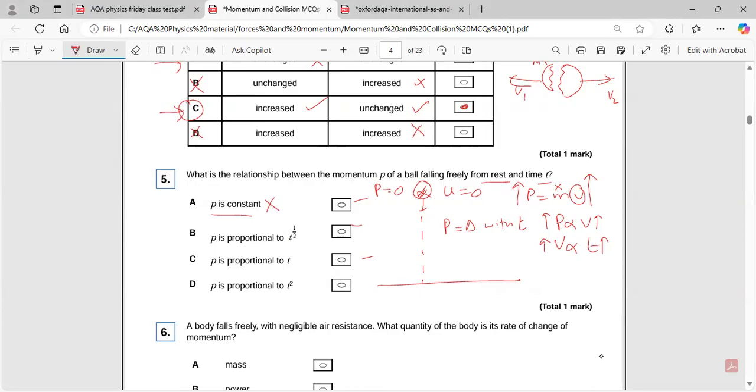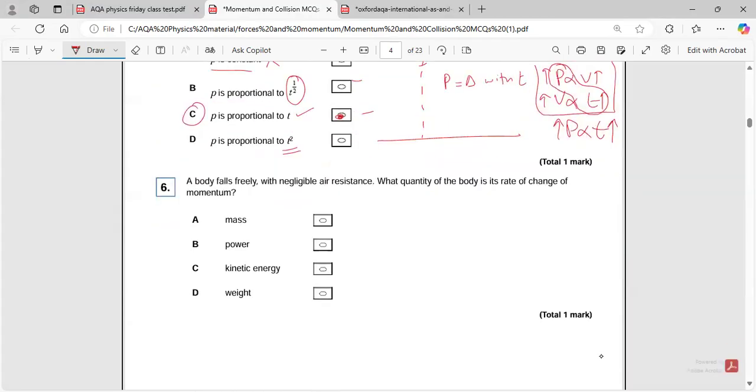We cannot say that momentum is proportional to t to the power 1/2, because there is no such relation. Momentum is proportional to t. Yes, that seems to be it, because if momentum is proportional to velocity and velocity is proportional to time, then momentum and time are proportional as well. For a falling body, as its fall time increases, its momentum increases. So this is the best option. We cannot say t squared because there is no legitimate equation that we can use for this.